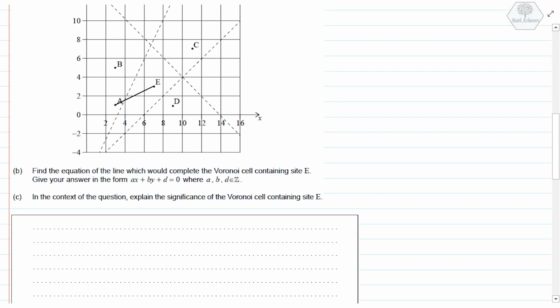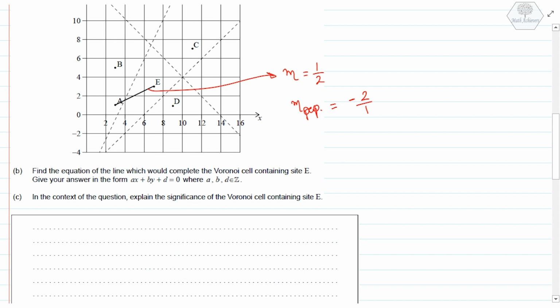I know that the gradient of the line AE is equal to half. So now, the gradient of the perpendicular line: I flip and I change the sign. It becomes negative 2 over 1.